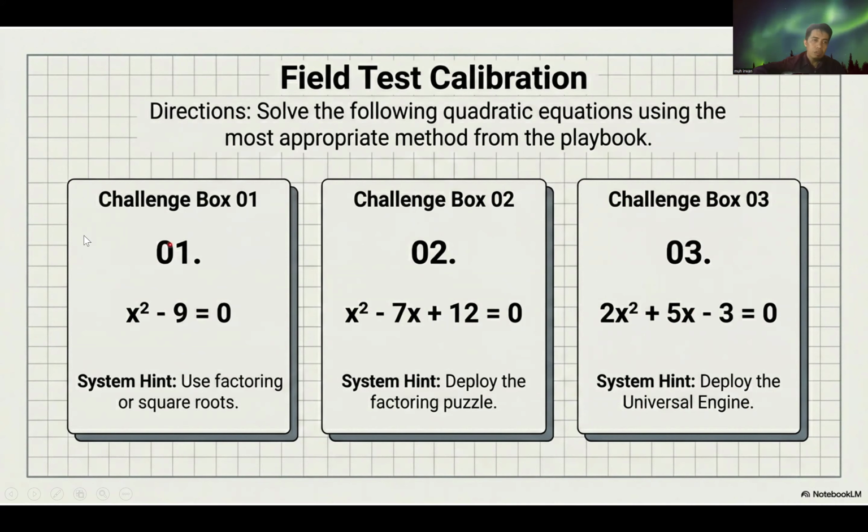Okay, we can see this is x squared minus 9 equals 0. We can see that this equation can be factored.